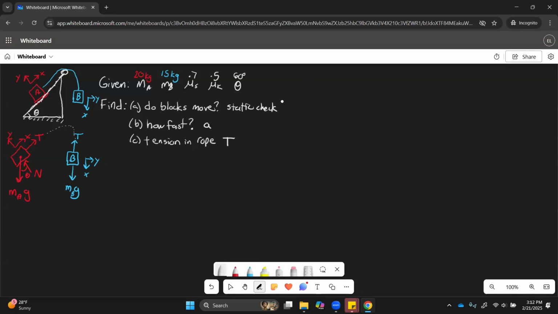So this static check is going to have two parts. For part one, we see which way the blocks try to move. We'll compare weights of A and B in the X direction.